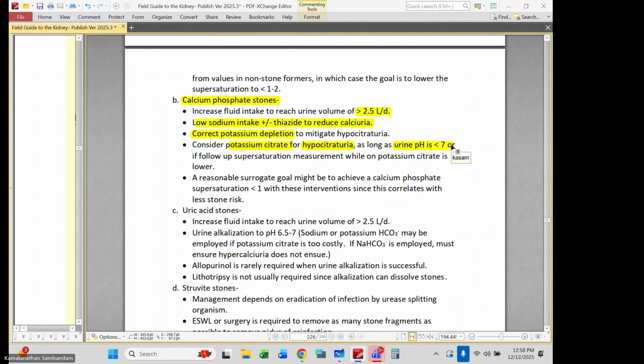Okay. If you look at what happened with the supersaturation, it can be worsened by that, even though your urine citrate went up. Okay. The net result may be a urine supersaturation that's worsened because you also made the urine pH go up. Okay.